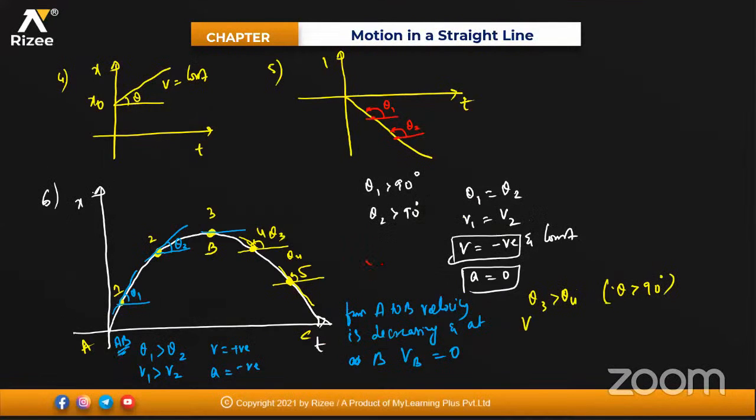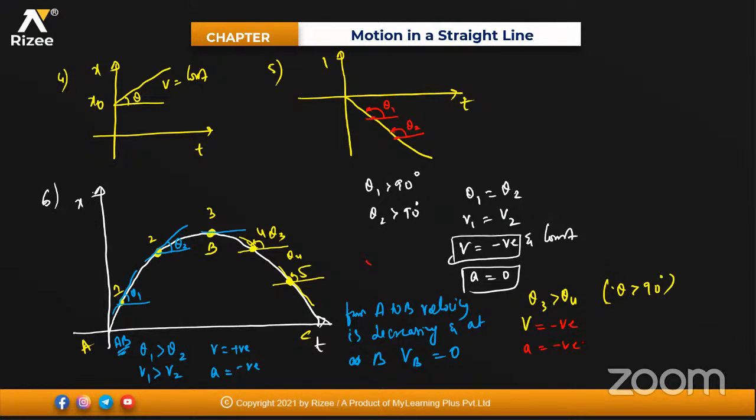Okay. Which is more, beta? Theta 3 or theta 4? Theta 3, sir. Theta 3 is greater. That means what is happening to the velocity? Greater than 90 degrees means velocity will be positive or negative, beta? Negative, sir. Velocity will be negative and acceleration is also negative.